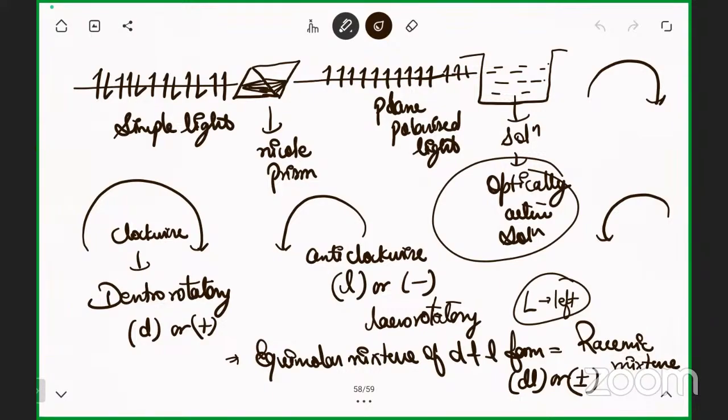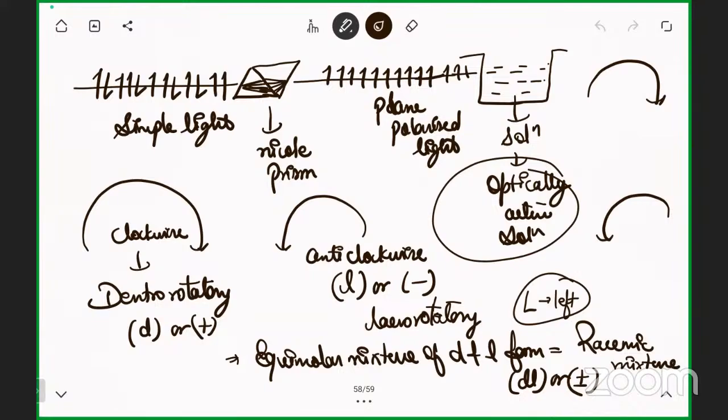This much you got? When a simple light is passed through the Nicol prism, it gets converted into plane polarized light. And when this plane polarized light is passed through the optically active solution, which contains the chiral carbon in which all the valencies are occupied by different atoms, the light either turns right side or left side. If it turns right side, the compound is known as dextrorotatory.